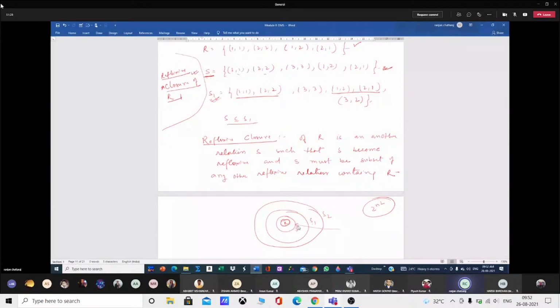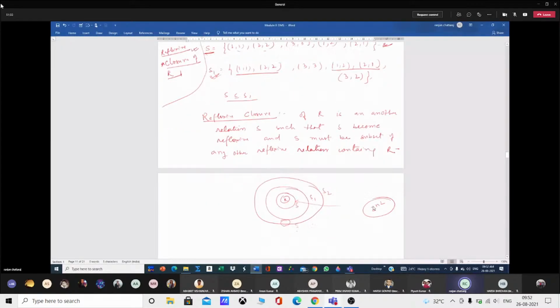How can we construct the reflexive relation? By simply adding the rest of the diagonal pairs (a,a). Suppose we have the matrix A, okay, and we have some relation R. It is not reflexive. So how can you make it reflexive?